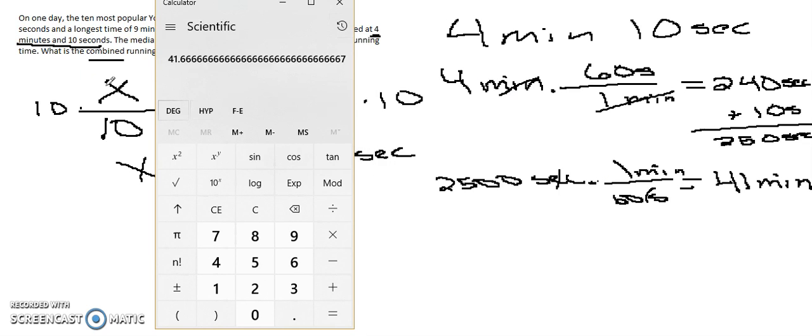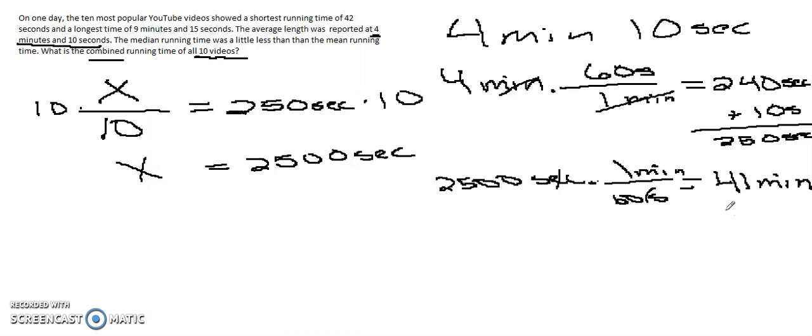And if I want to figure out how many seconds I have left from that, I would say, okay, 41 times this 60 gives me 2,460 seconds, and that difference between my 2,500, so 2,500 minus 2,460, that's how many seconds I have as our remainder right there.